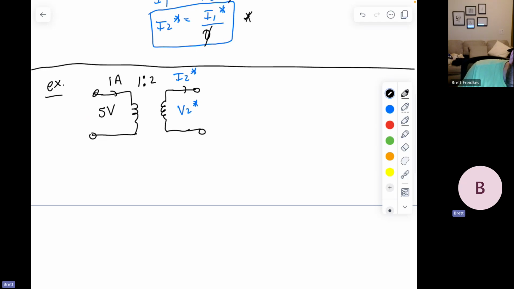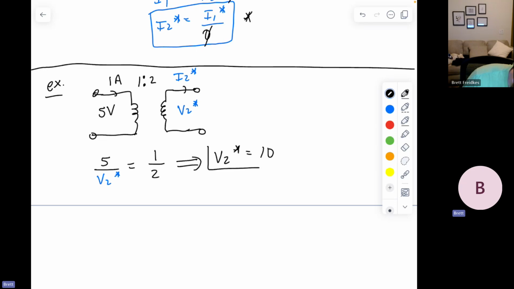So based on our definition that relates the voltages, I will say that 5 volts to V2 star, maybe I'll just do 5, I'll drop the V. 5 volts to V2 star, that has to be equal to, the 1 is literally and physically closer to the 5, so I'll put that in the numerator, 1 to 2, which means that V2 star is equal to 10.